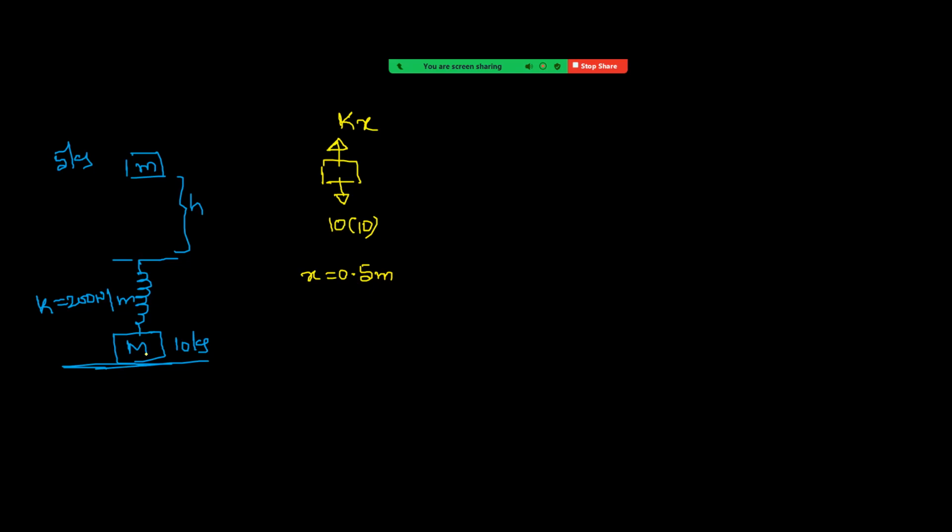So now we are taking the condition that when it is about to lose contact, this block will come to rest temporarily, because we have to find h minimum. Its minimum value, how much? So minimum means when this is about to lose contact, it will come to rest temporarily.